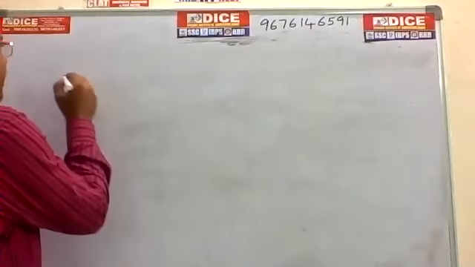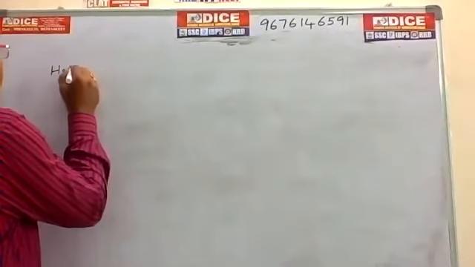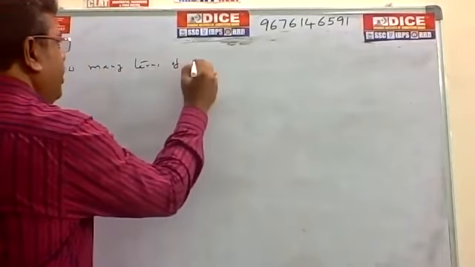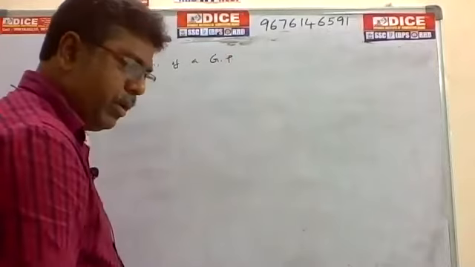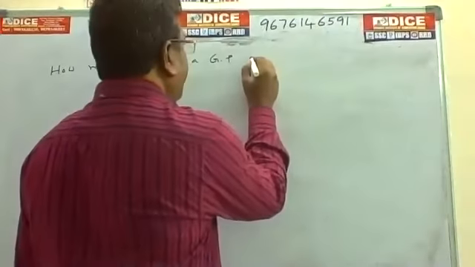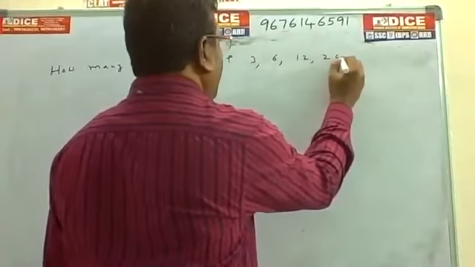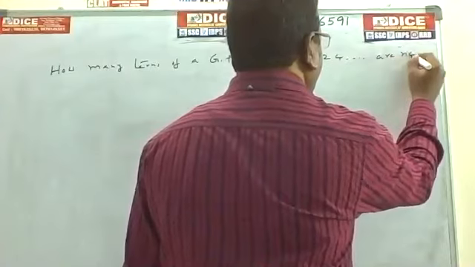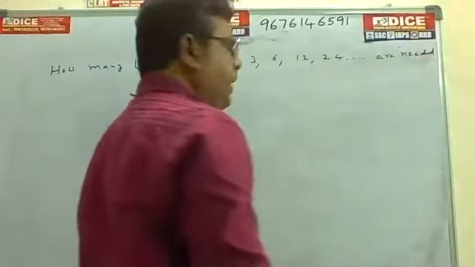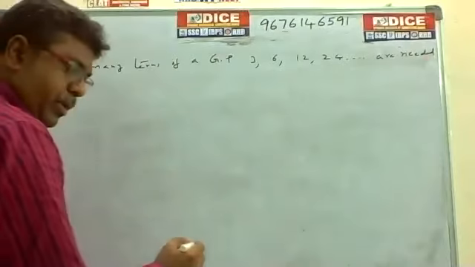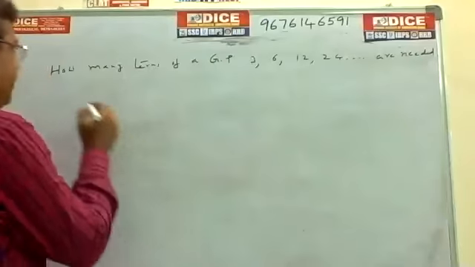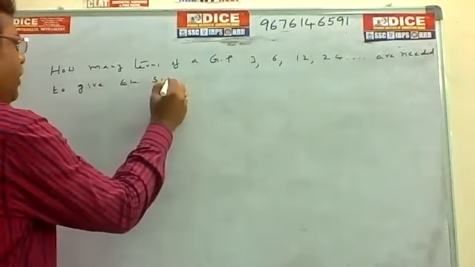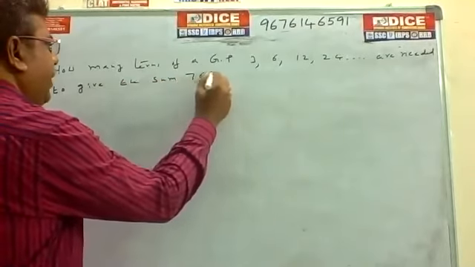How many terms of a GP 3, 6, 12, 24 and so on are needed to give the sum 765?